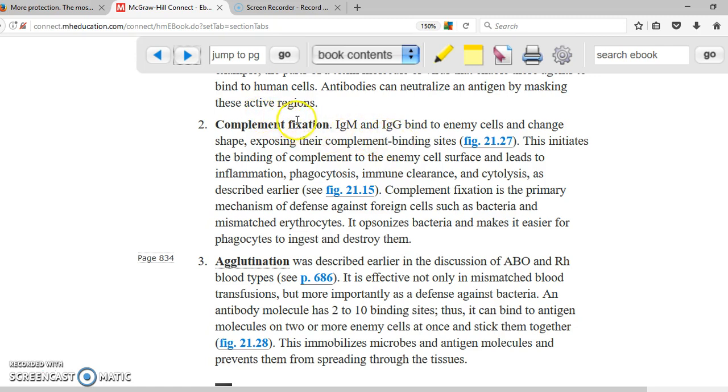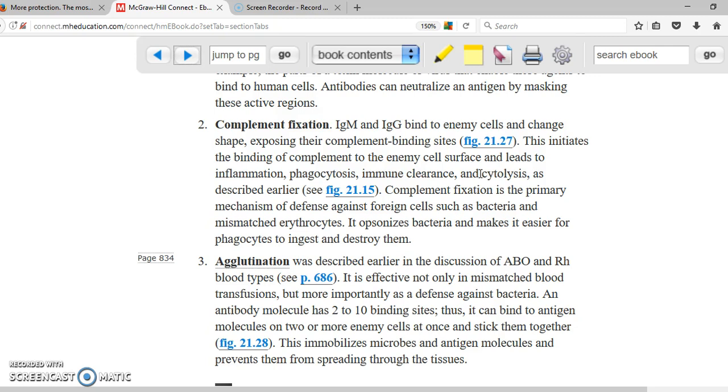Therefore the complement will attach to this new type of molecule formed by the presence of the antibody attached to the antigen, initiating the complement mechanism that eventually will finalize with the inflammation, phagocytosis, immune clearance, and cytolysis, which are the results of the complement activation.